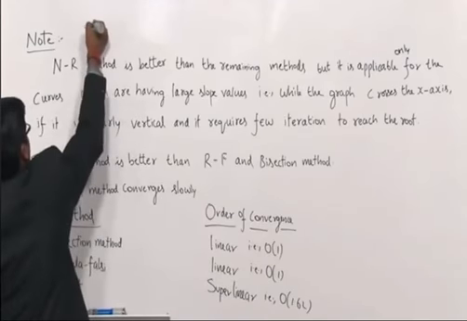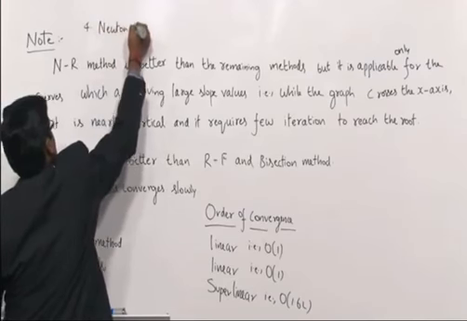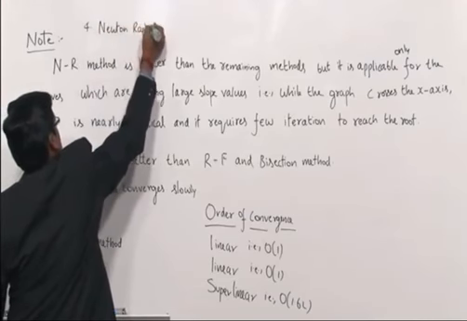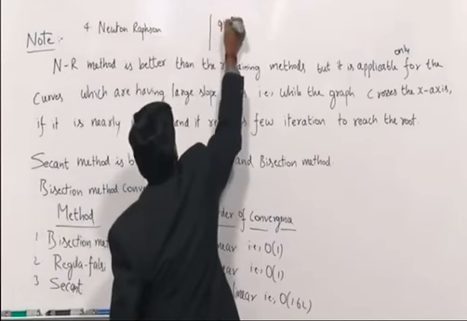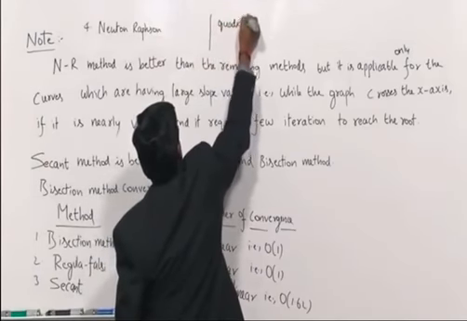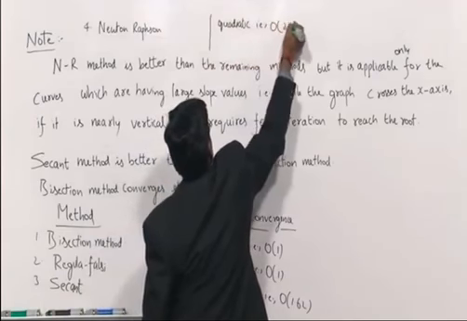And the fourth, here I am writing Newton-Raphson. Order of convergence is quadratic, that is order 2.